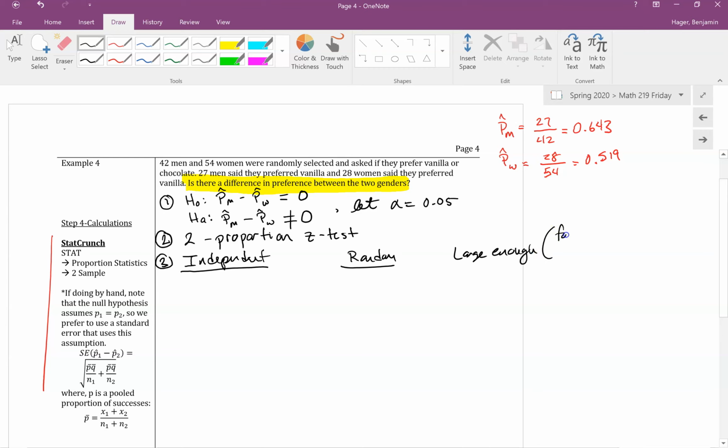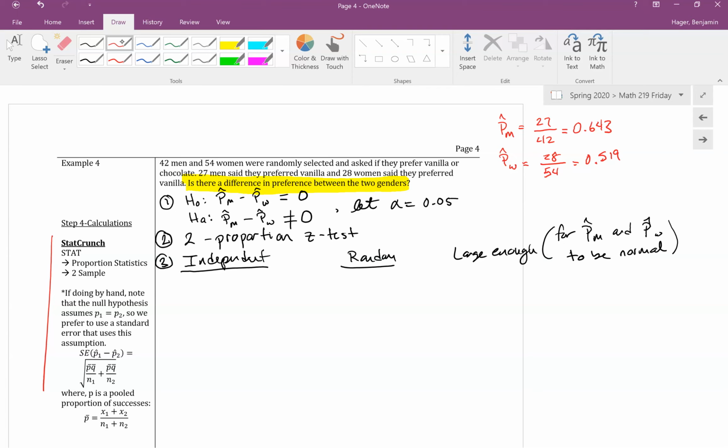Large enough for our p-hats for men and p-hats for women to be normal. Well, approximately normal. Okay, independent. Well, we only sampled 42 men. That's definitely less than 5% of all men out there that eat ice cream, same for women.